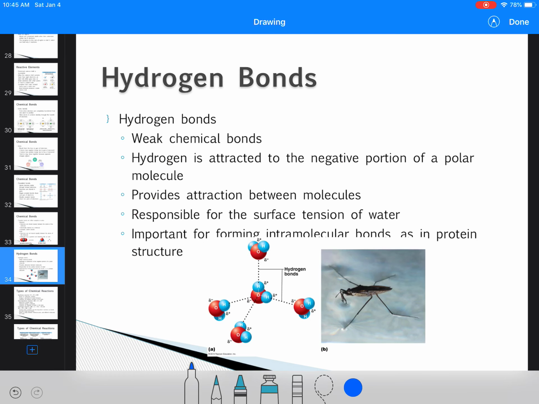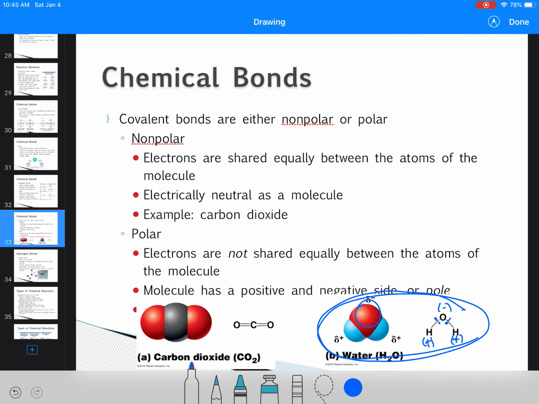All right, next type of bond I want to get into is a hydrogen bond. Now, hydrogen bonds are formed between hydrogen atoms and some other negatively charged atom. So if we go back to this water molecule that we were just looking at, remember, oxygens are going to be more negatively charged, and hydrogens are going to be more positively charged.